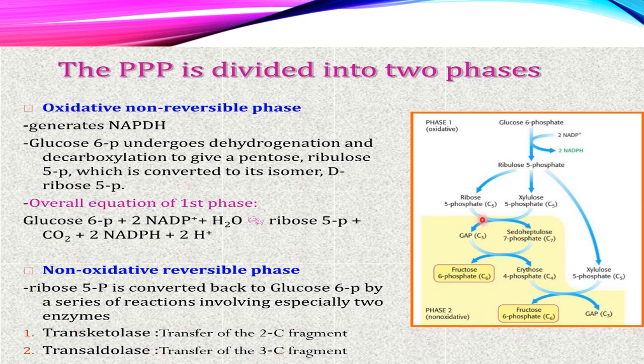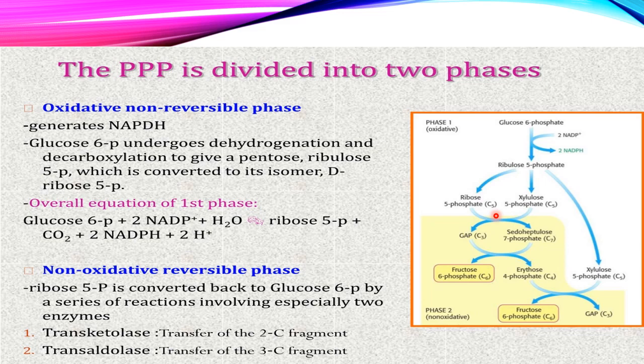Now, if I have to tell you, you can see over here, to begin with, this ribulose 5-phosphate is converted into ribose 5-phosphate, and it is also converted into xylulose 5-phosphate. Both are C5 carbon compounds. You can see here C5 and C5. Now what happens here?